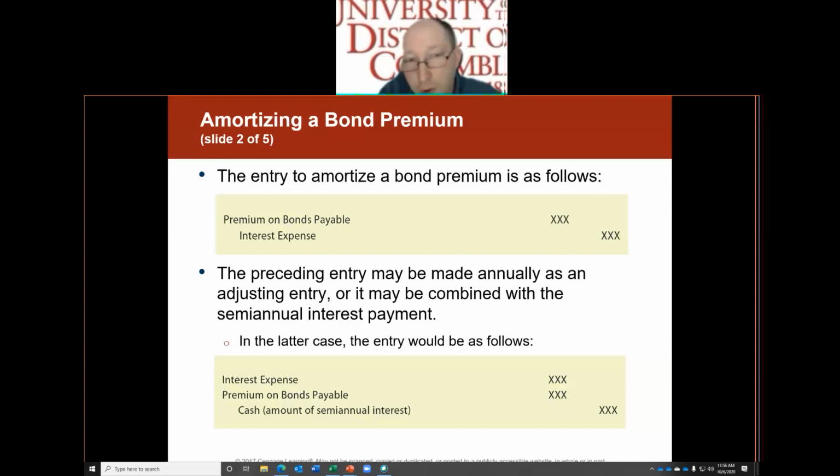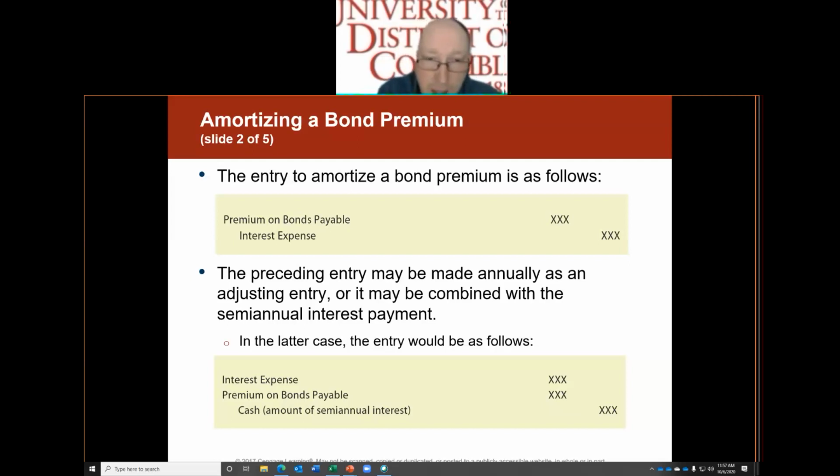In the event of a discount, we're reducing that discount amount to get to the face value. When there's a premium, we need to reduce the premium amount to get to the face value. That's why we make these adjusting entries.